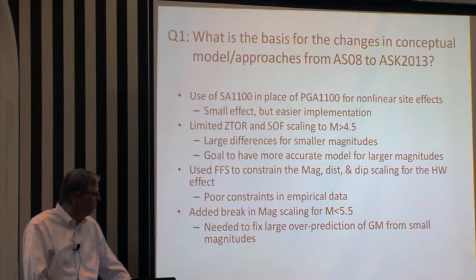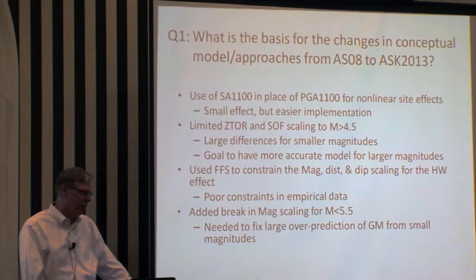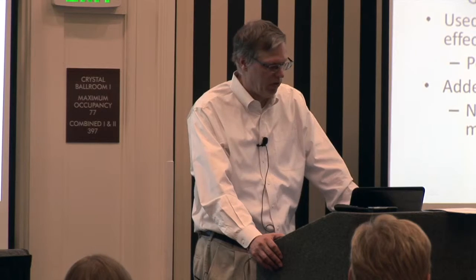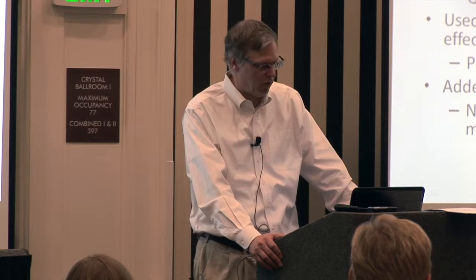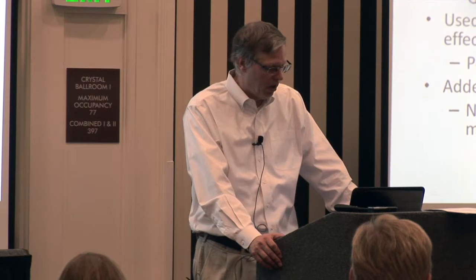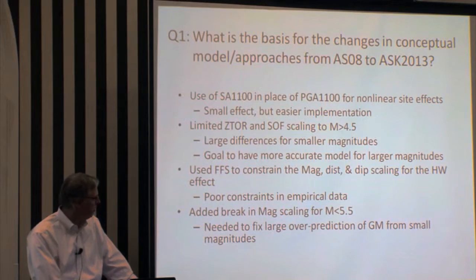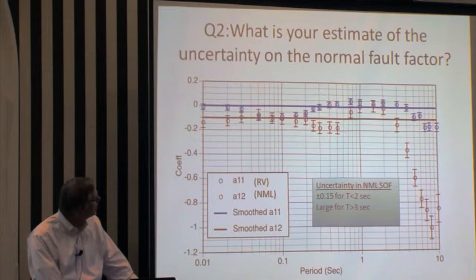So now we have a better constraint on that. And we had to, like I think everyone else, add another break in the magnitude scaling below magnitude 5.5. You have to do that to fix the overprediction we had previously at these small magnitudes, and it's just necessary based on the basic scaling of earthquakes.